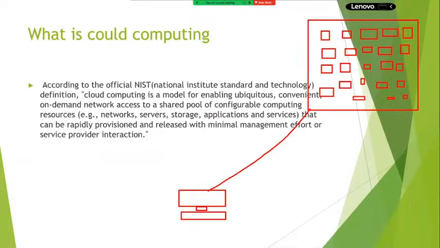Next, what is the cloud? I am repeating: cloud computing is nothing but a collection of remote services accessed over the internet. Remote services in the sense that whatever your organization environment needs, everything is placed in the cloud.